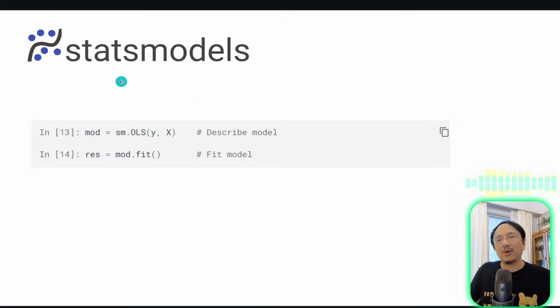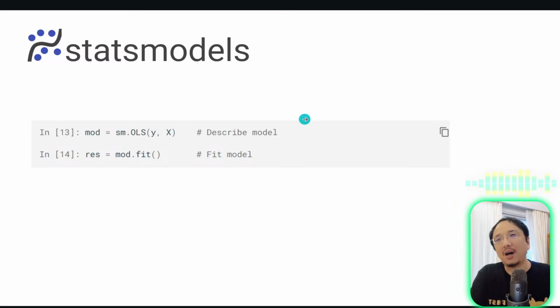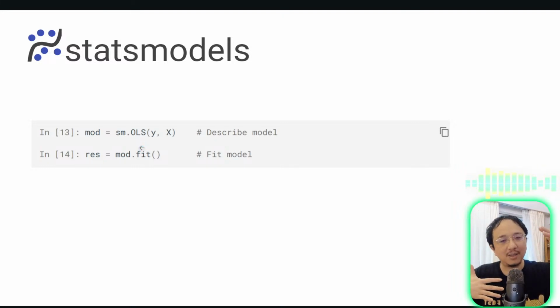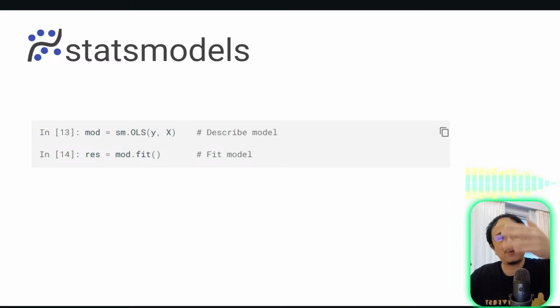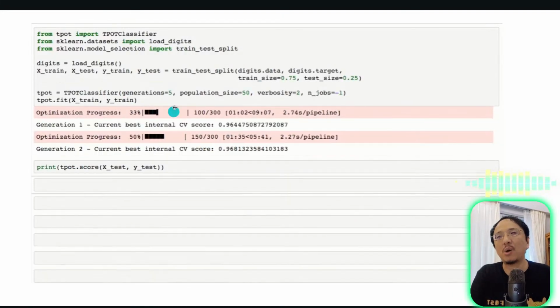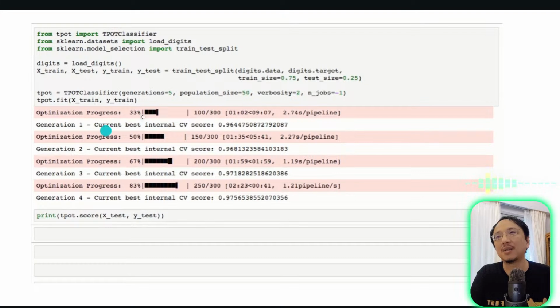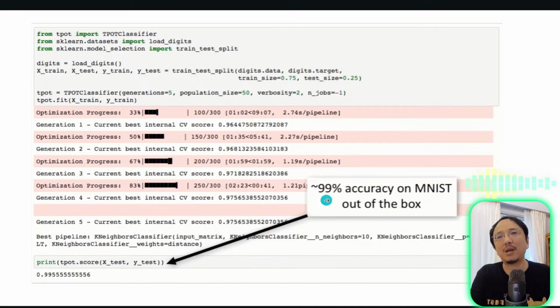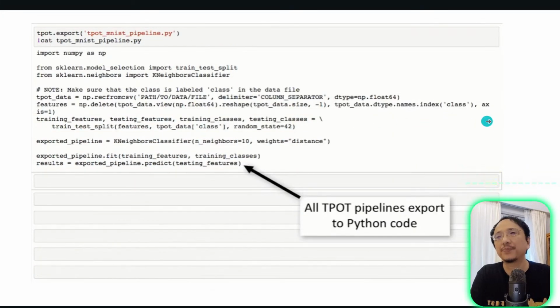We're mostly using it for statistics, not for machine learning, but things like ordinary least squares are kind of statistical machine learning functionalities. It provides an API similar to scikit-learn. So this is how it works, kind of like scikit-learn, and it achieves like 99% accuracy if you're using a teapot here.